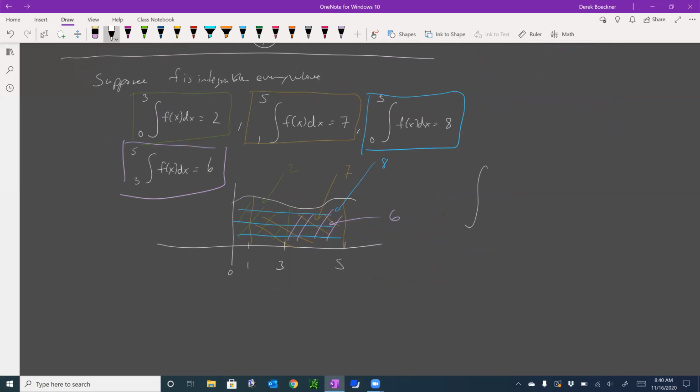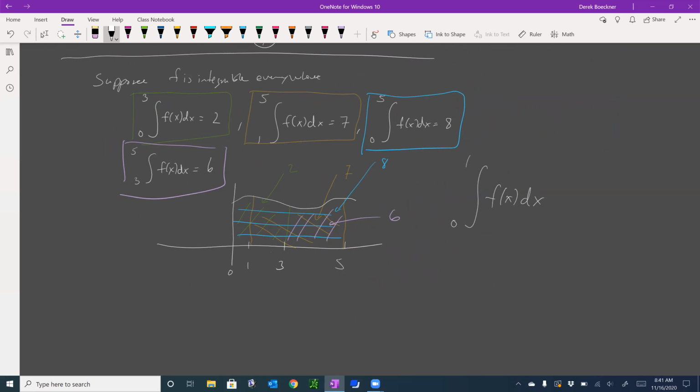Let's try and find the integral from 0 to 1 of f of x dx. Which areas should I look at to find that? Yeah, I'm going to look at the blue and the yellow, right?